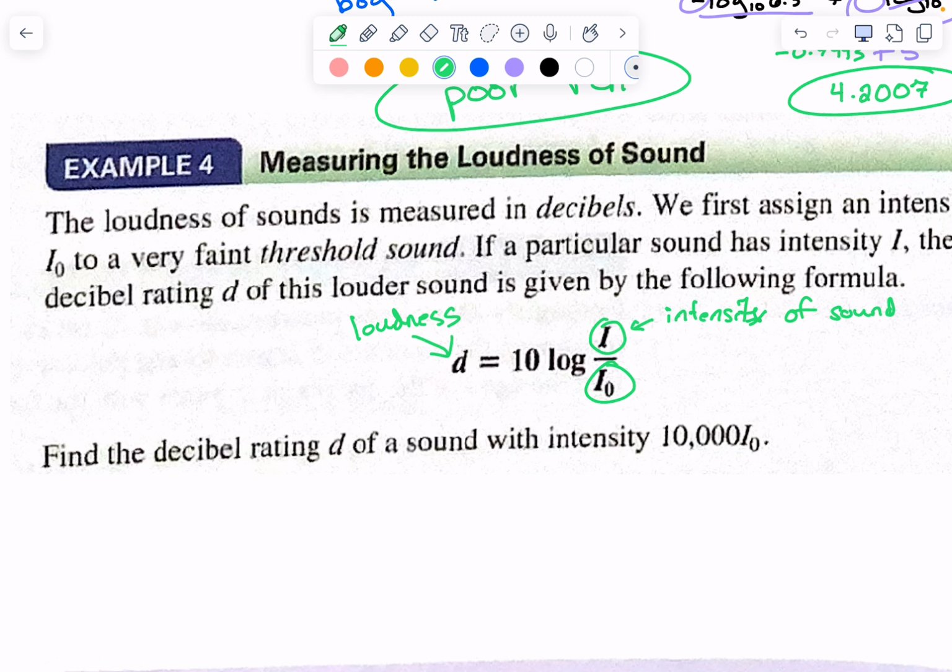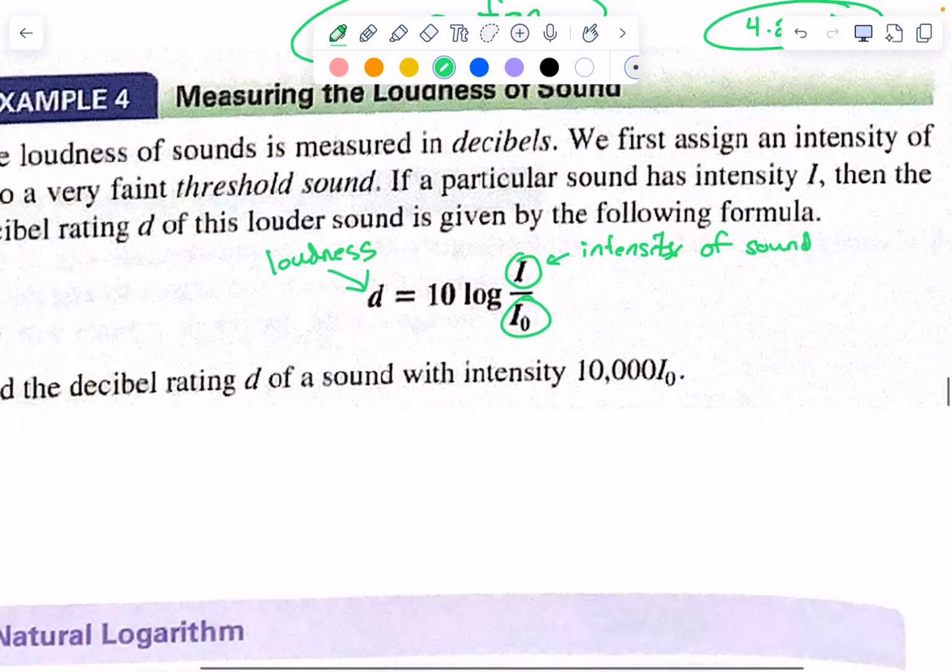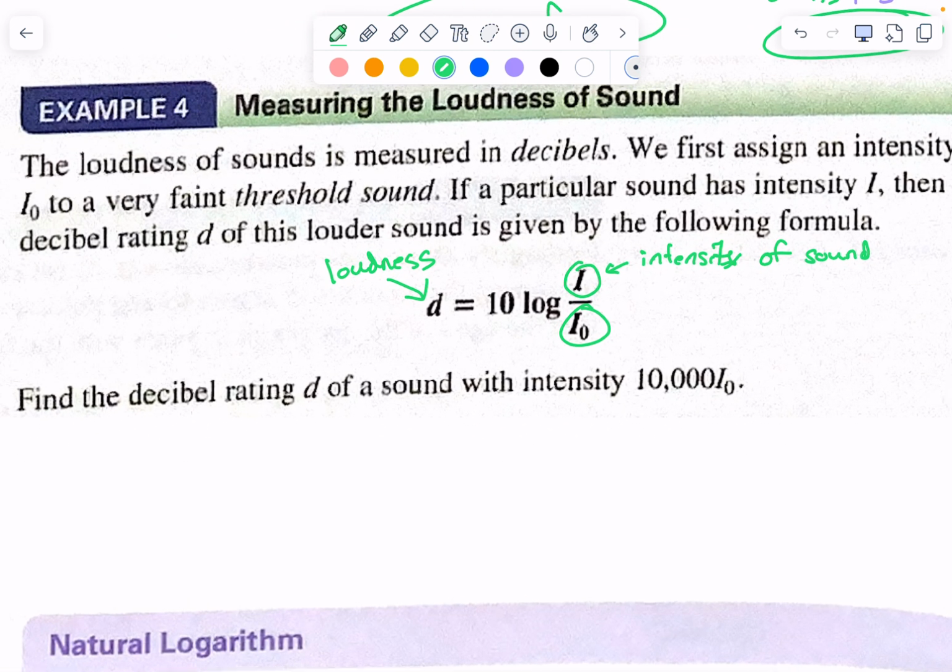And I naught is the intensity of the lowest sound threshold, a very faint threshold sound. We did this in physics. So find the decibel rating of a sound with an intensity of this times I naught, okay?